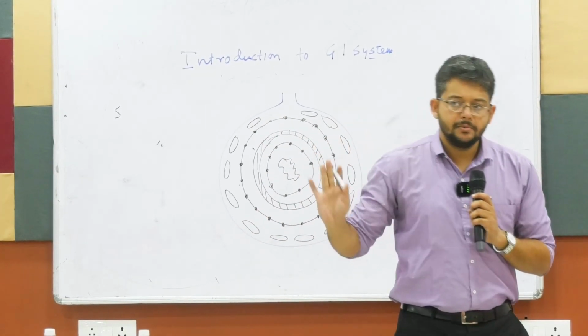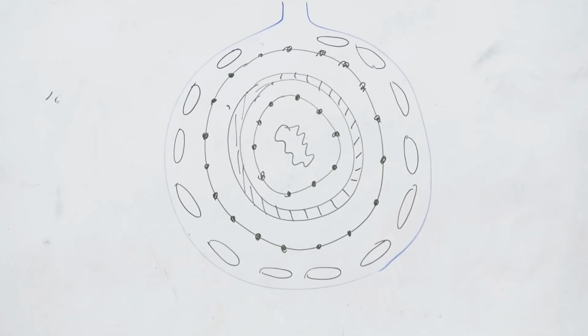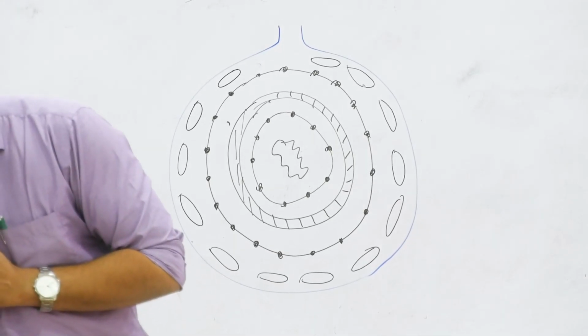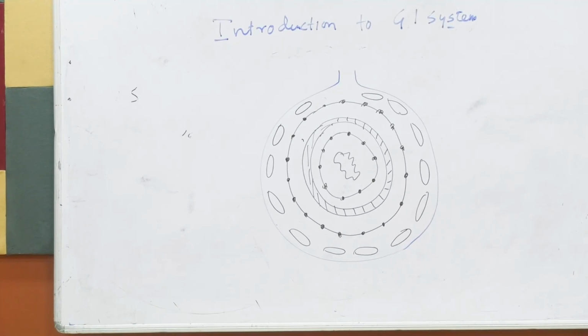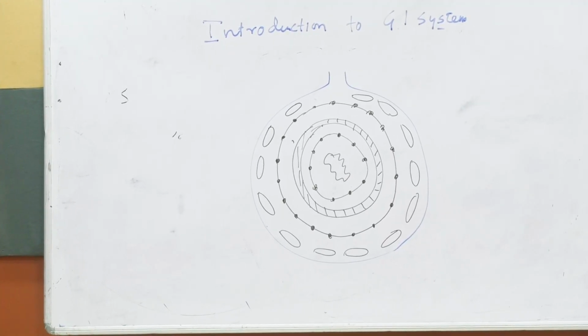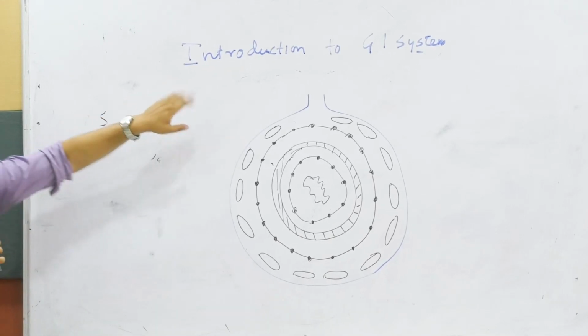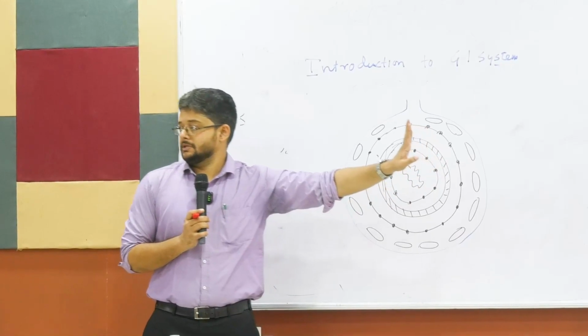So it's a basic diagram. Complete this, then we will get into more details. For simplicity, outside there's a circle. Then there are a few structures like this, these are the longitudinal muscle.